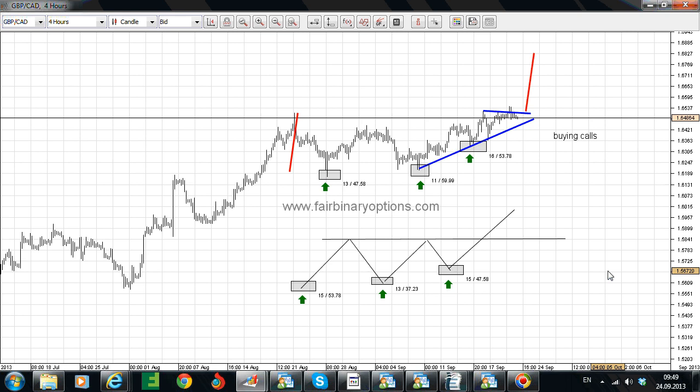And today, for example, we have the IFO in Germany, one of the most important surveys, not only in Germany but in all Europe, heavily influencing the euro dollar, and not necessarily related to the Great Britain pound Canadian dollar, but when volatility, when a risk event comes and influences the most liquid currency pair like the euro dollar, the other ones are going to follow.